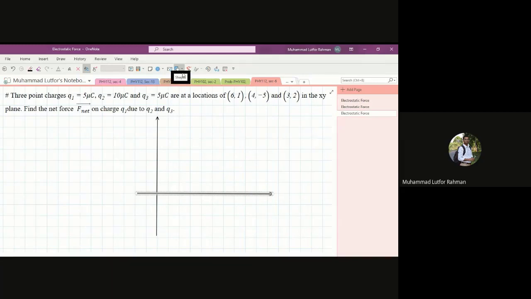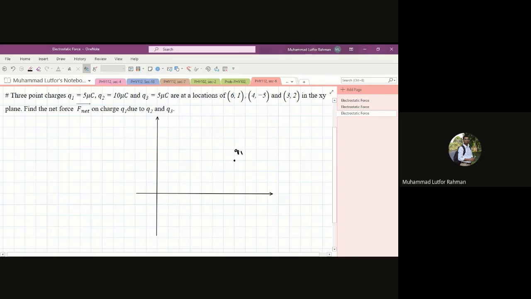Fine. So one charge, Q1, is at the location (6, 1). Say for simplicity, 1, 2, 3, 4, 5, 6. I draw it over here, not exact. I took an arbitrary point, not exactly to scale. So this is my Q1.